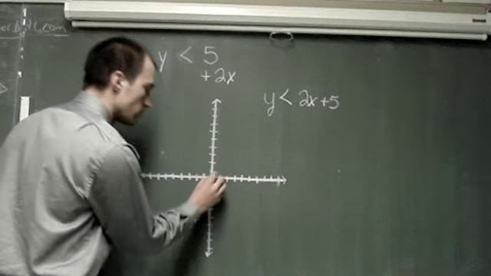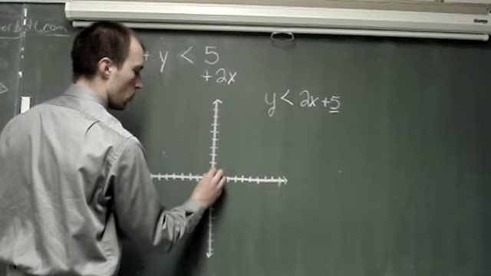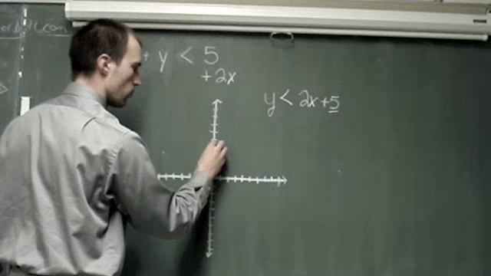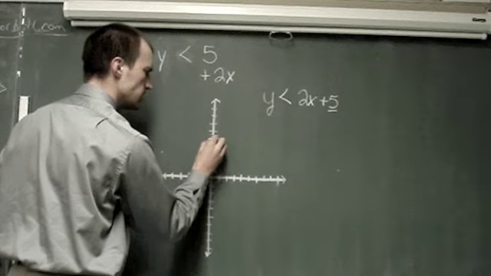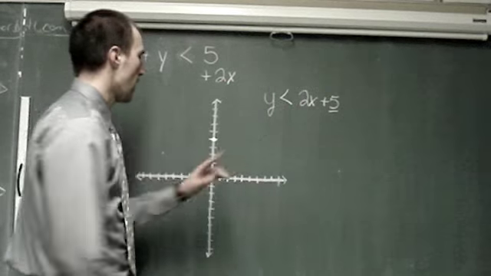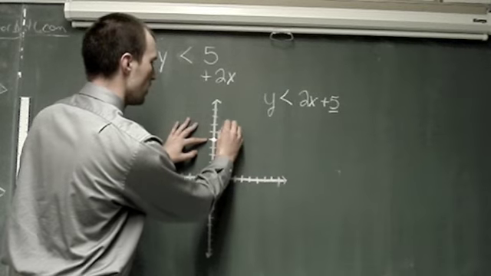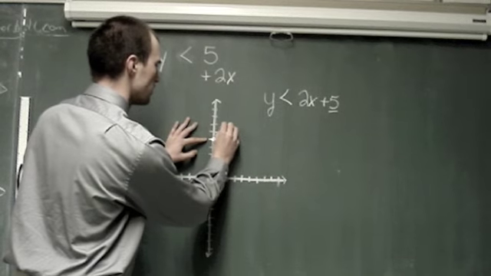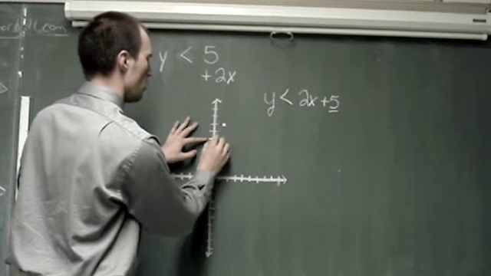So, using our quick graph form, the plus 5 allows us to go up 1, 2, 3, 4, 5 on my y-axis for my y-intercept. And with a slope of 2, as we move 1 to the right on the x, we move up 2 on the y.